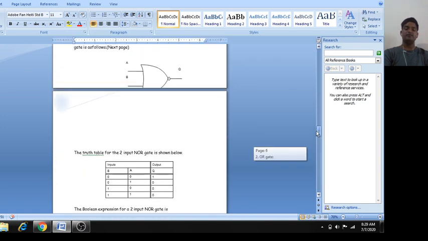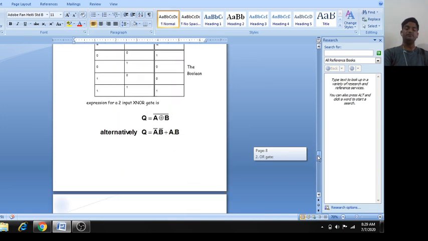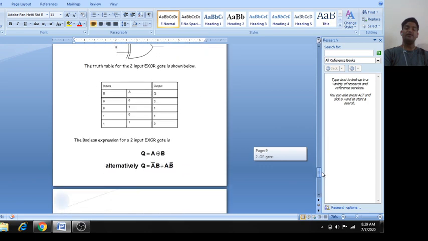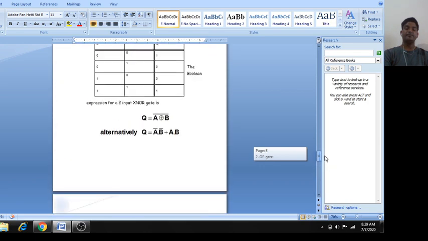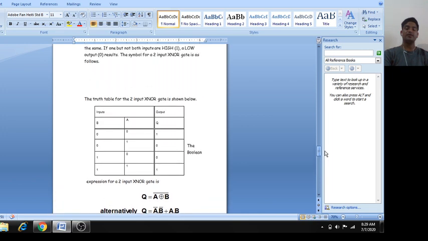And this is your XNOR gate. What are the other names of the XNOR gate? If both are the same, the output is high, so it is also called a coincidence circuit.